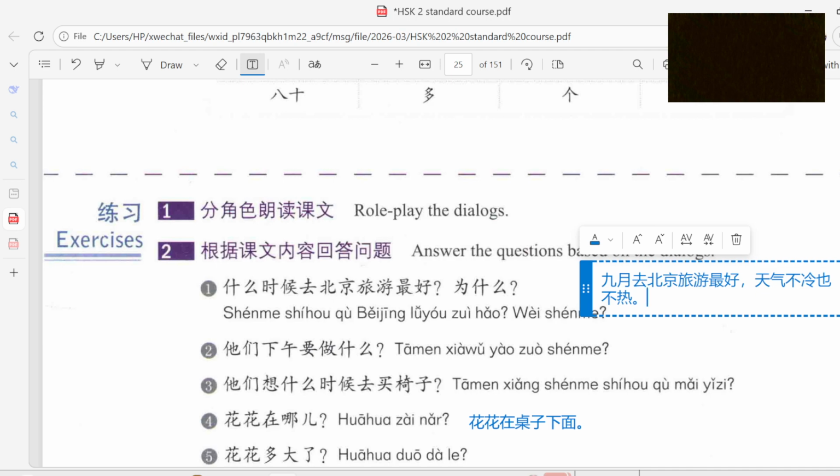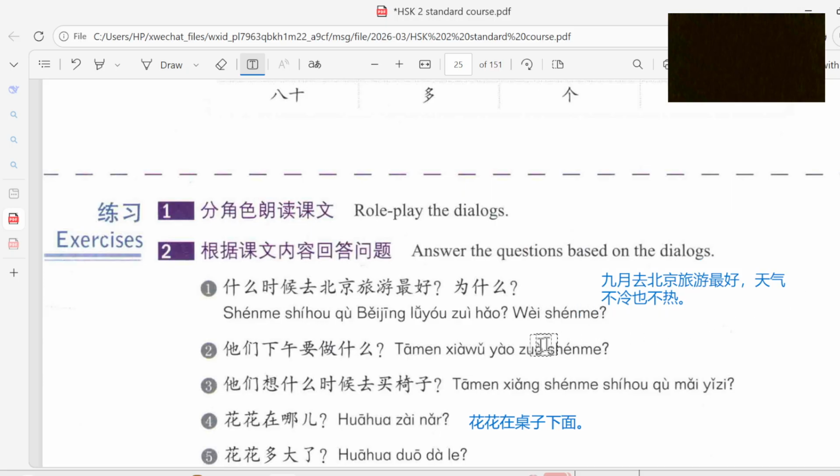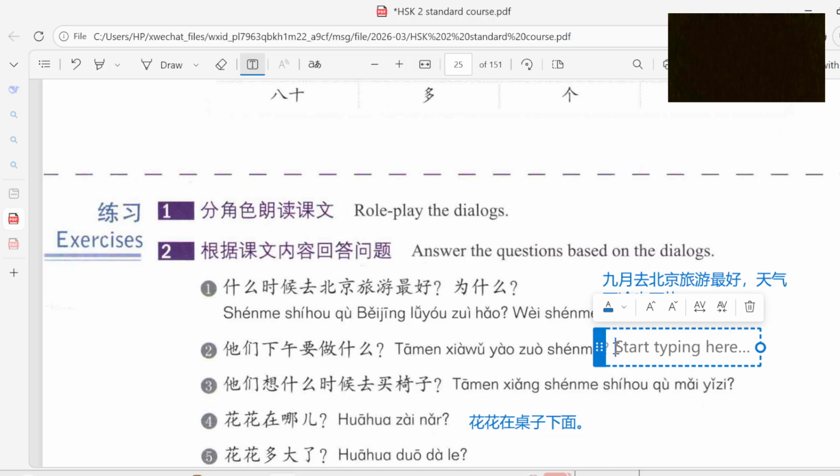Alright, if you don't understand, just let me know. 天气不冷也不热，去北京旅游最好。I have number 2. It says, 他们下午要做什么？他们 means them, 下午 is in the afternoon. What do they want to do in the afternoon?